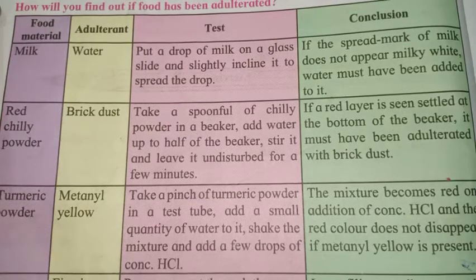So it is a very easy experiment. Instead of a beaker, you can take a transparent glass also. Take water in a glass and add 1 spoon of chili powder in it. Let it settle for some time. If you see some red layer at the bottom, then you can say that brick powder is added in it.